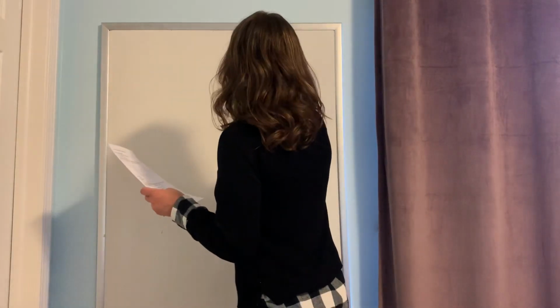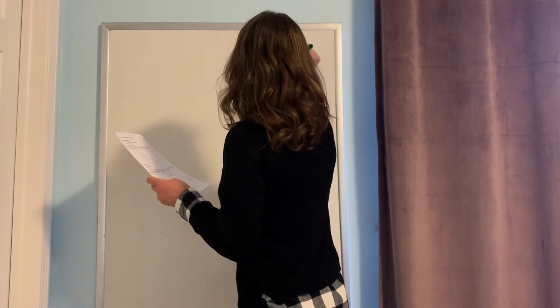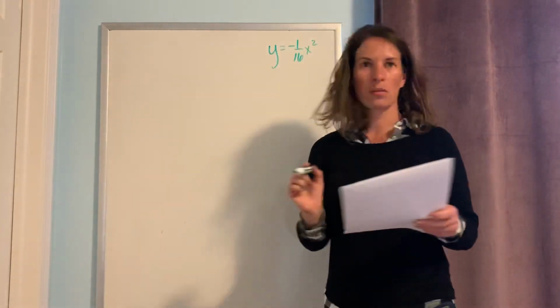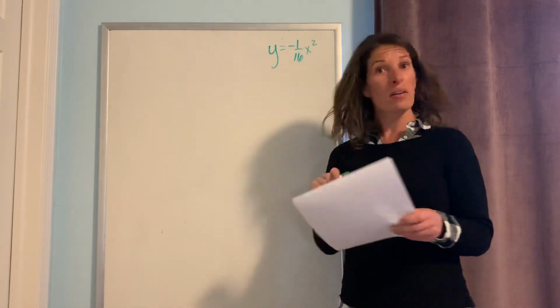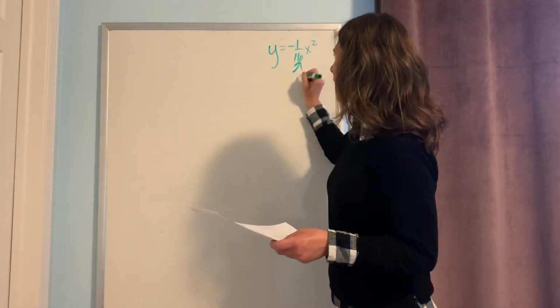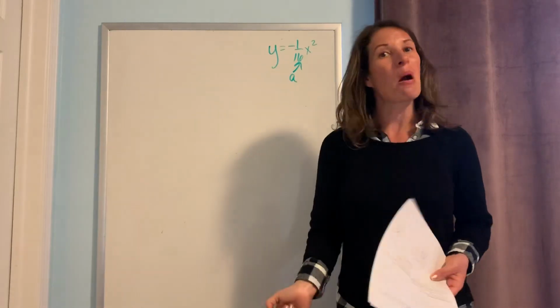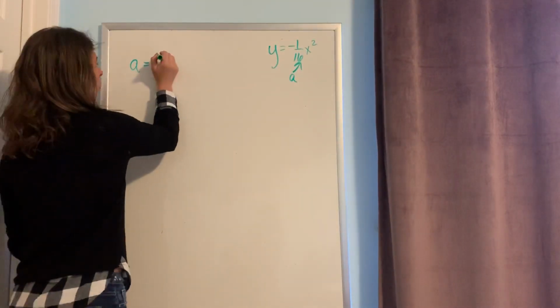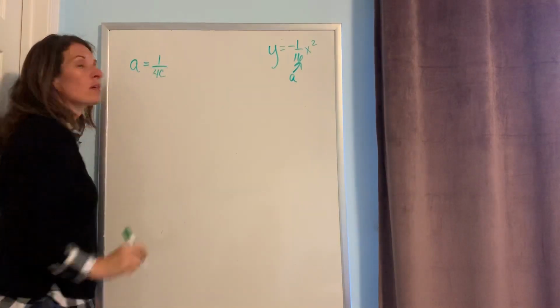So this is giving me the equation y equals -1/16 x squared. Since this is my a value, I know that a is equal to 1/4c.